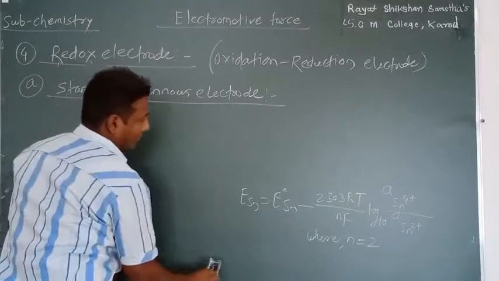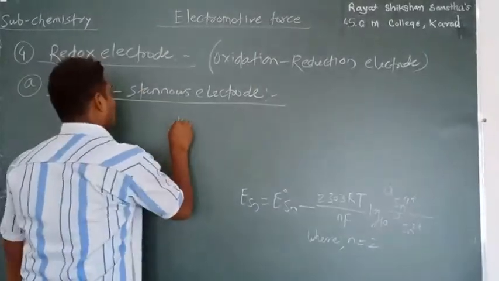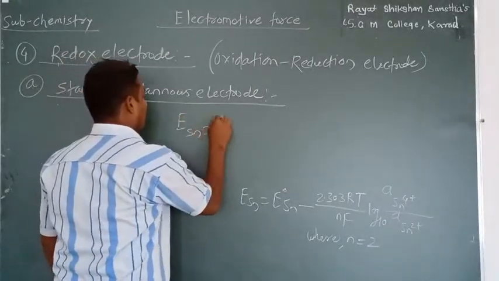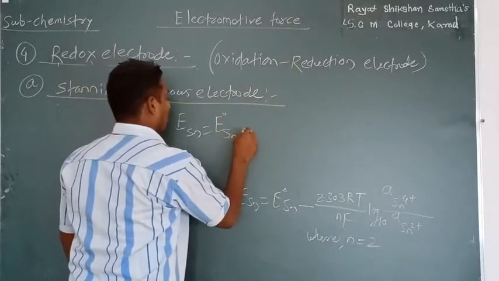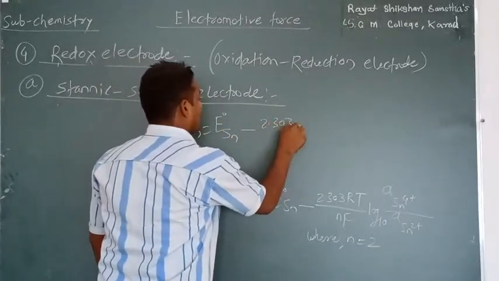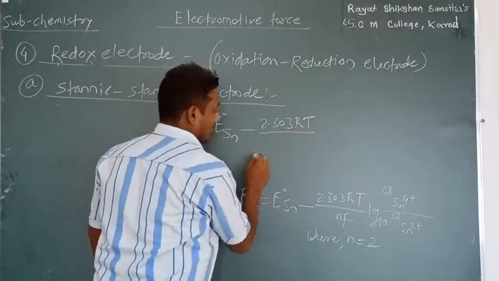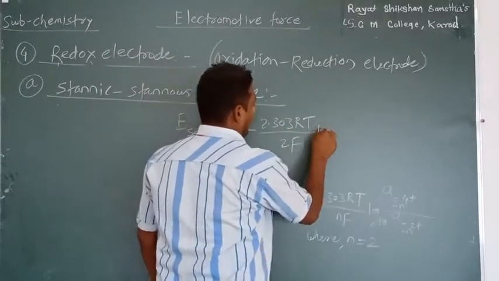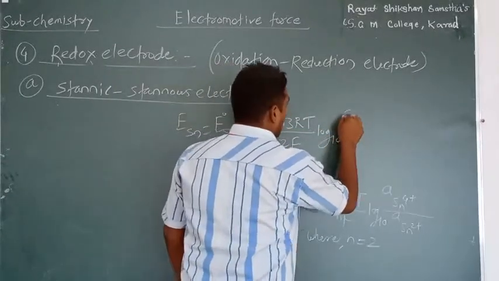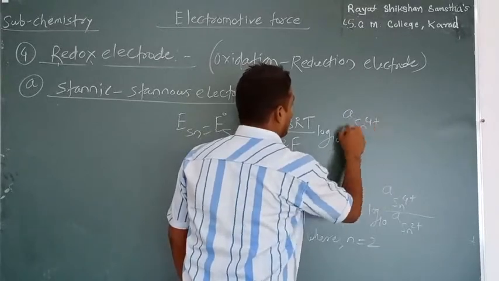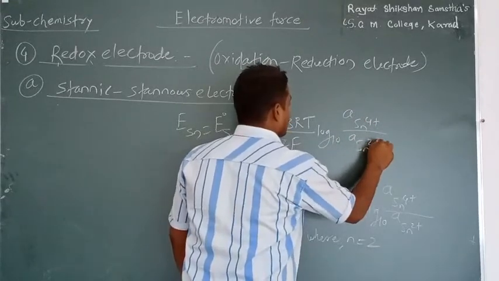By putting down the values in the above equation, we will get 2.303 RT by 2F log to the base 10 activity of Sn4+ and activity of Sn2+.